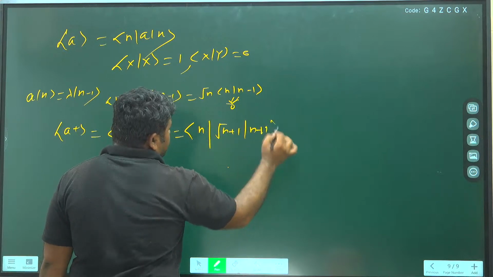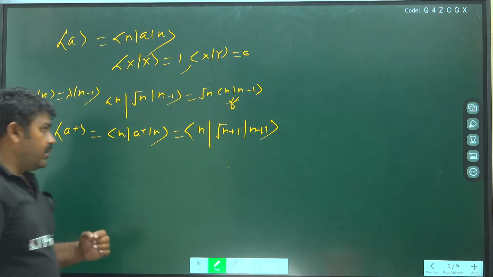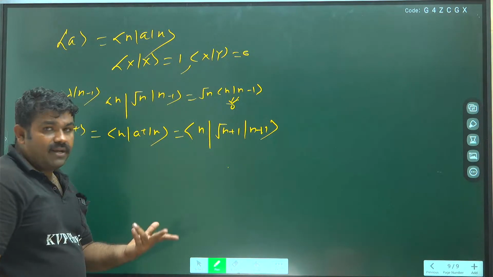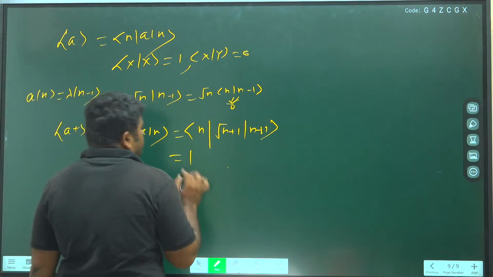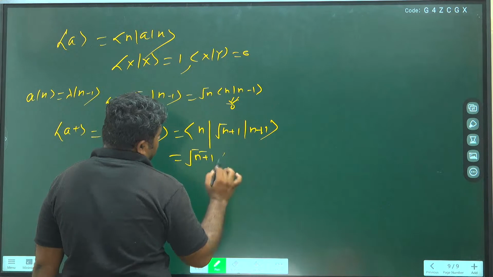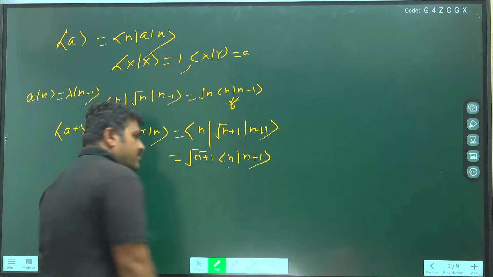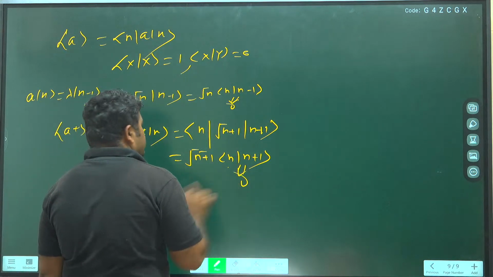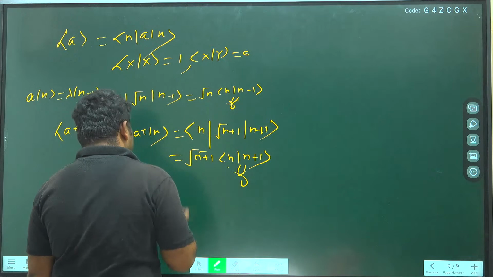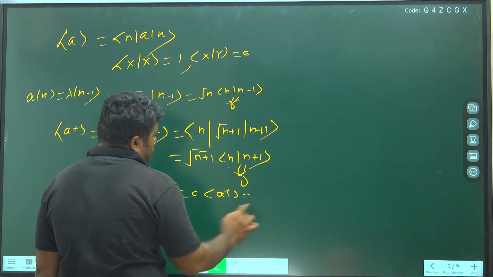By 1 unit. So root n plus 1. Now we cannot operate it on the bra state. What does that mean? We can take this term common outside. This becomes root n plus 1 <n|n plus 1>. Now, same state is 1, different state is 0, so the state is different, and this is equal to how much? 0. Different, 0. Means expectation of a is 0. Expectation of a dagger is 0.